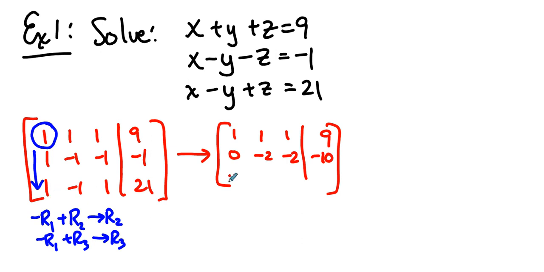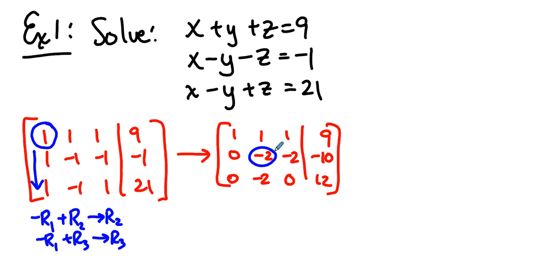Row 3: -1 plus 1, -1 plus -1, -1 plus 1, -9 plus 21. Now we already know what y is, right? So now our goal is to make this a 1 somehow.